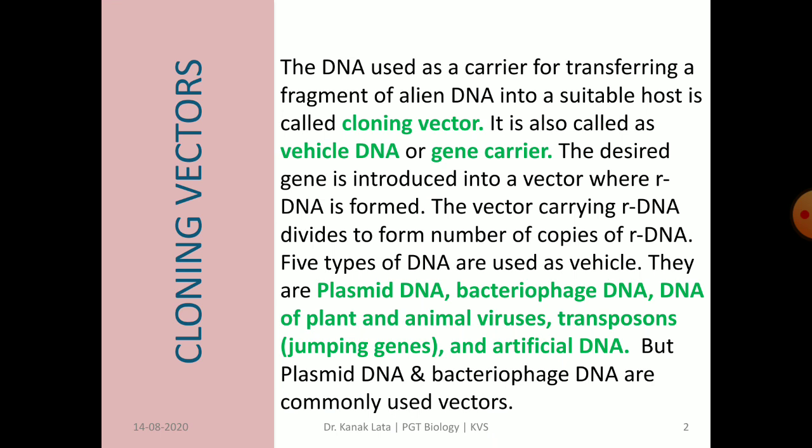There are 5 types of DNA which are used as vehicles: plasmid DNA, bacteriophage DNA, DNA of plant and animal viruses, transposons, also called jumping genes, and artificial DNA. But out of these 5, plasmids and bacteriophage are most commonly used for forming recombinant DNA.